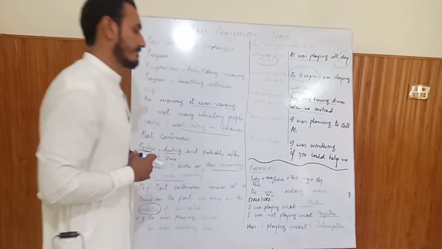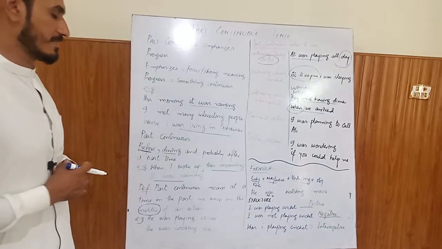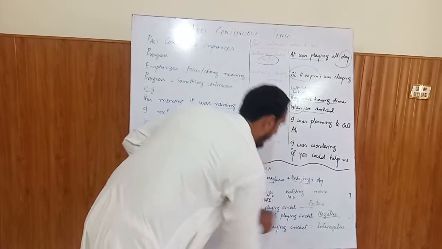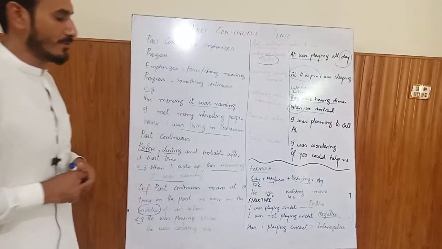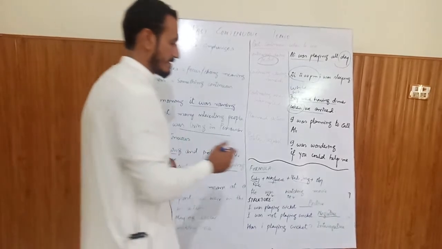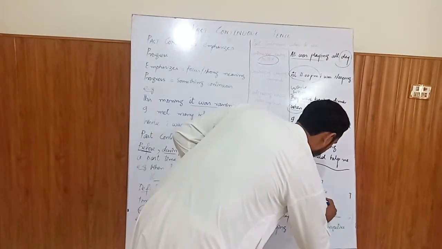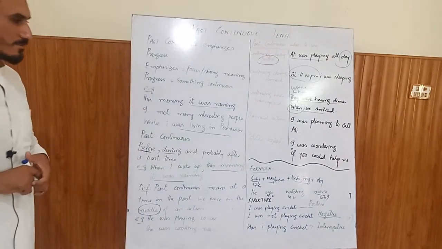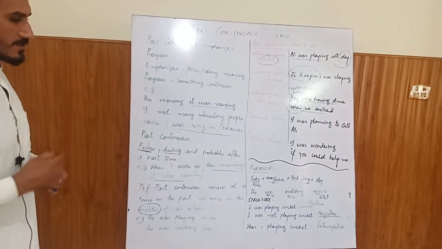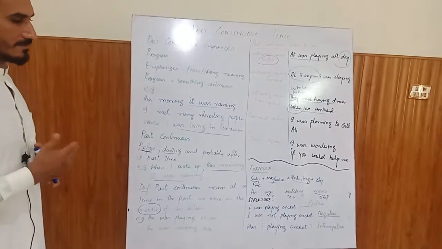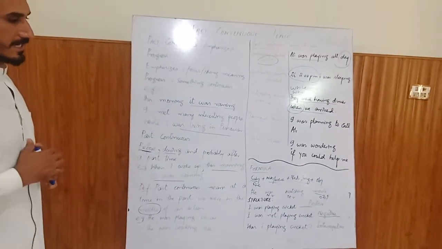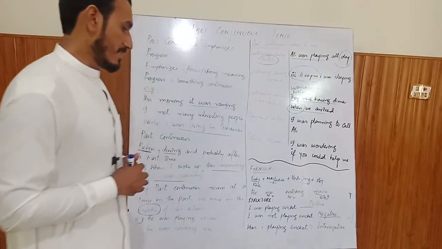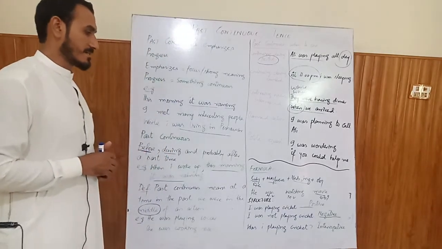And watching is the main verb. And movie is here object. He was watching movie. So subject, helping verb, main verb, and object. So this is the formula of past continuous tense.